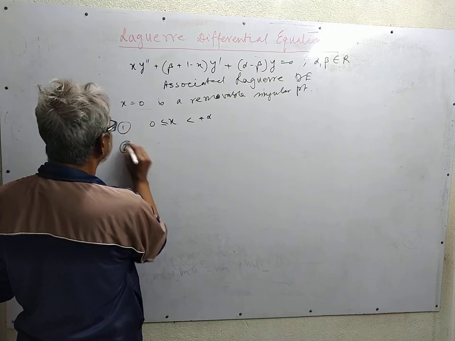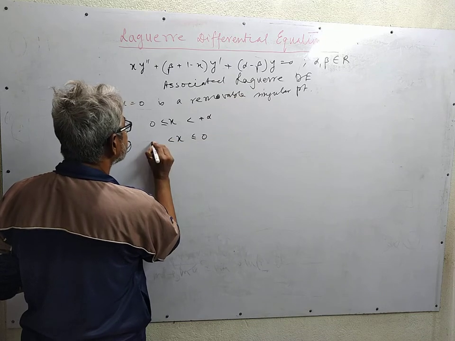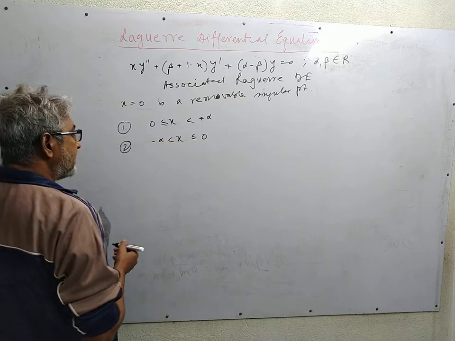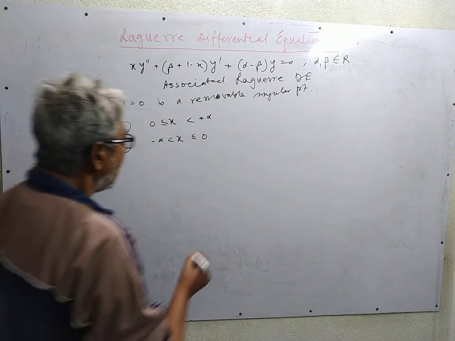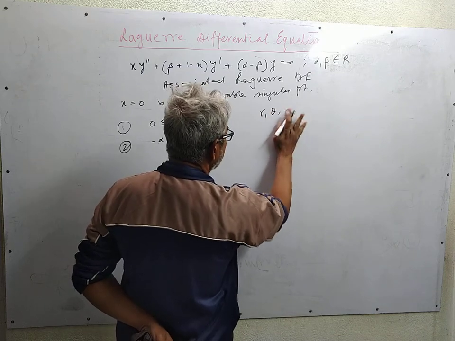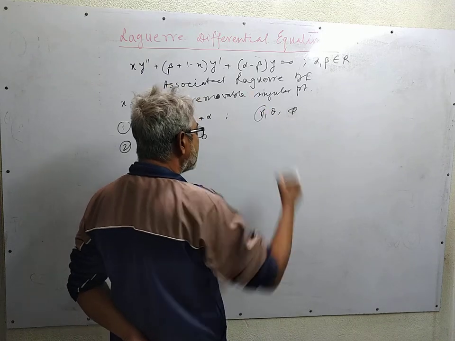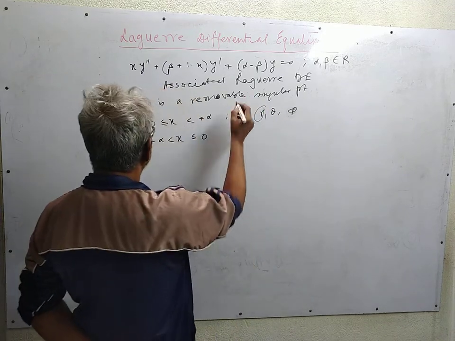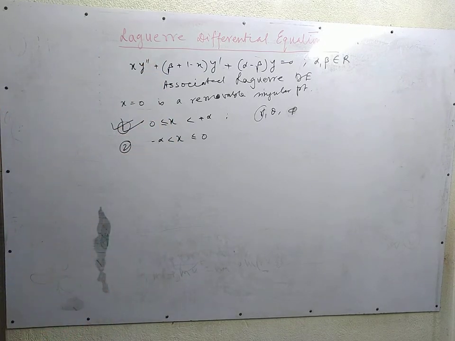But as we have already stated, this equation arises from the R equation in the hydrogen atom problem in quantum mechanics, and the range of R is from 0 to infinity. So the region of interest of this differential equation is x between 0 and infinity.